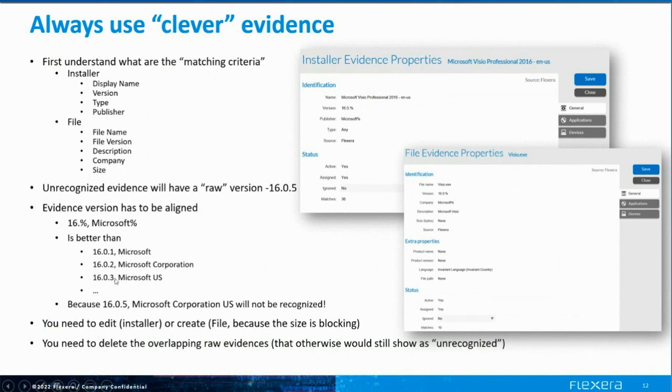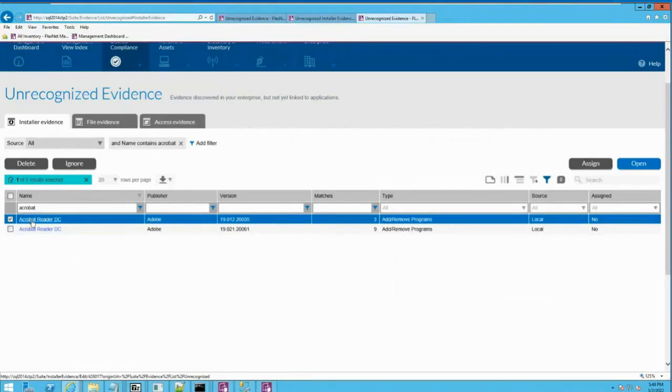So the really important thing is to find the unrecognized evidence. I will show this on Acrobat. Make a decision on the normalization level, and then create and tune the raw evidence into something that will make sense for the level of normalization you want to have, to avoid more issues. If I go back to FlexNet, you see here that I have two raw evidences, which are both linked to Acrobat 19.0.